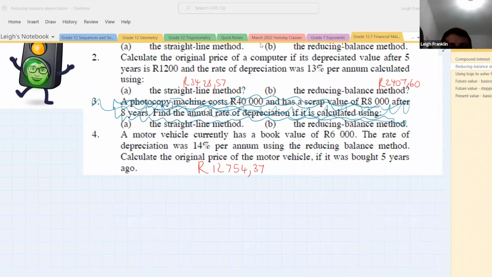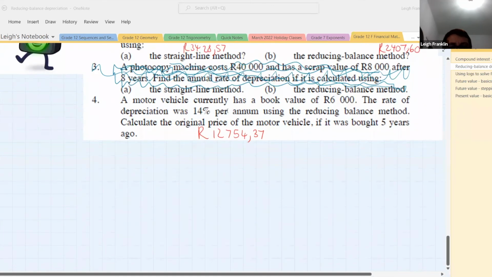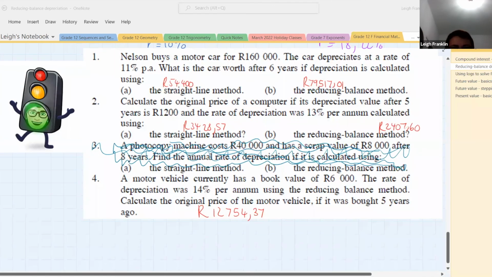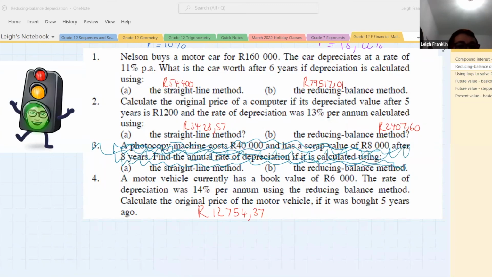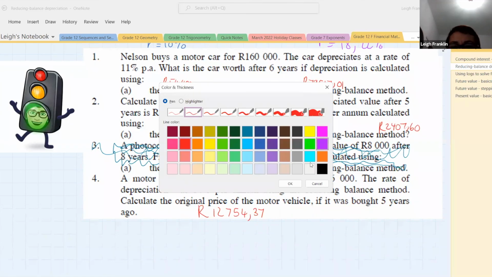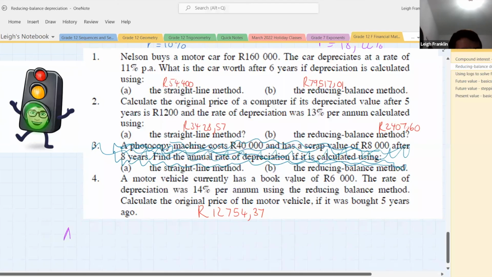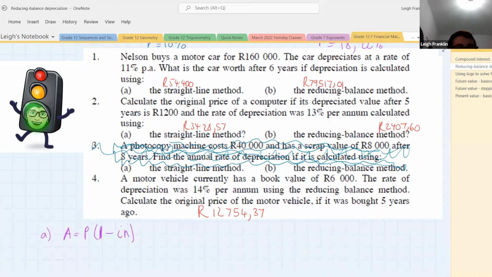Okay, so I know there's people asking for corrections. Which one, Enam? Oh, number 1A. Okay, all right. So what we were supposed to do here is we're using the straight line depreciation method. That means we've got to use the formula A equals P(1 minus in), like that.